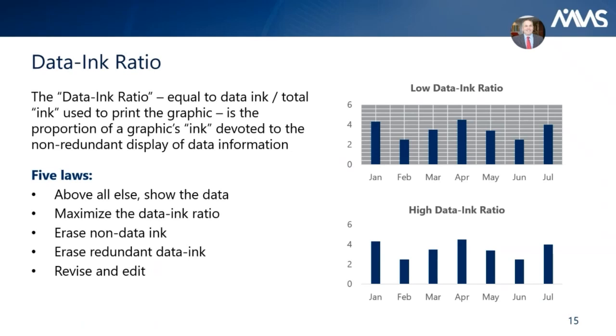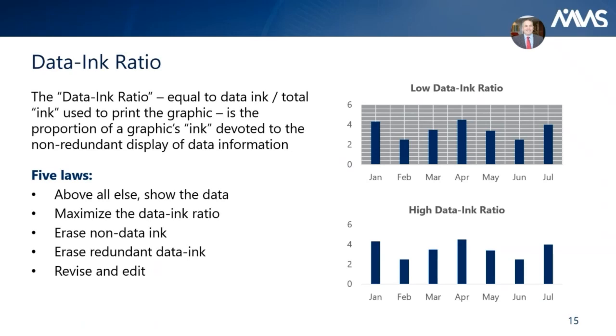And this really is illustrated well in these 2 graphs on the right. The top graph, you have some ink or pixels involved in the background and some of the cross-hatching. The bottom is much simpler. So the data to ink ratio is much higher for the bottom plot, and it allows you to jump much quicker to see what the data might be telling us.